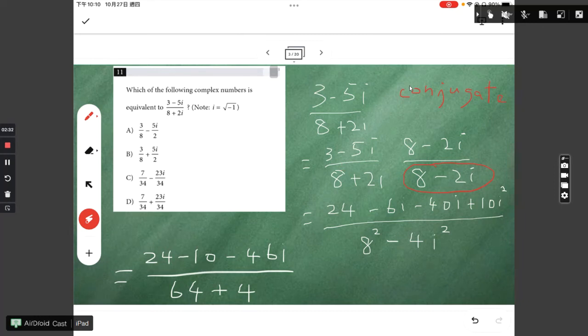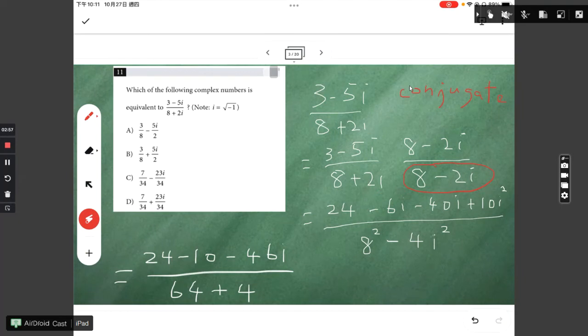And then the numerator is slightly more complicated. We need to multiply these two together. First, we multiply 3 by 8, so this is 24. Then we multiply 3 by negative 2i, and this is negative 6i.